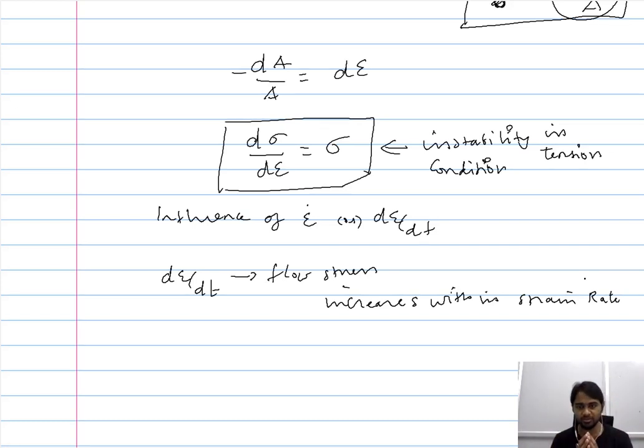The reason is because when we talk about strain rate, we are introducing the concept of time. And when you are talking about increased strain rate, then you are reducing the time between two strains. And the plastic deformation, if you could recollect, depends on the average movement of the dislocation.